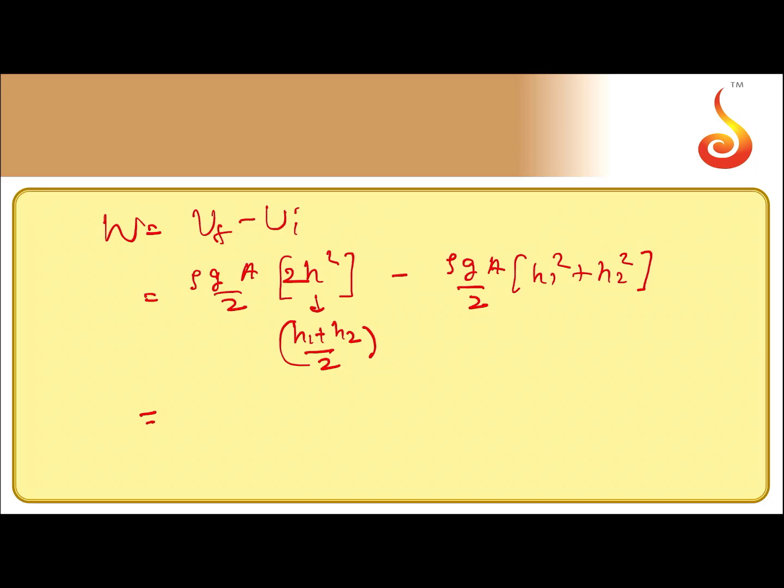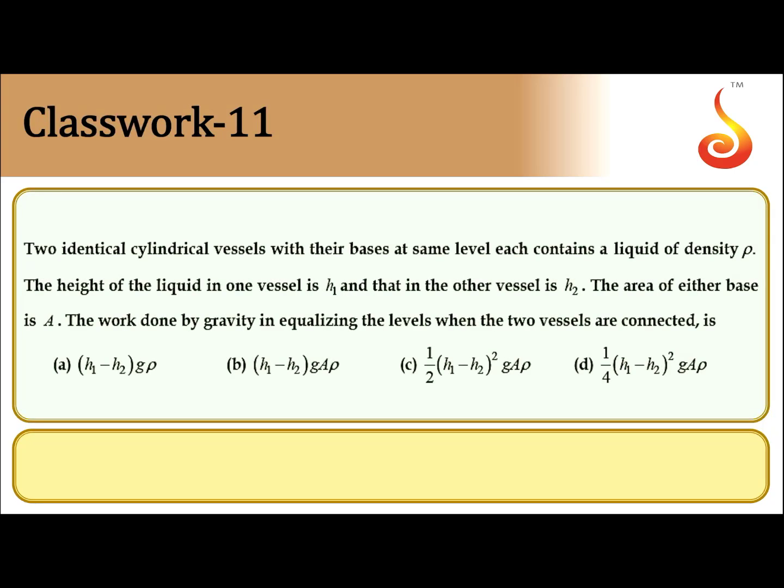So if you substitute and simplify, you get 1 by 4 h1 minus h2 whole square into rho into A into g. So you can check it for yourself whether the work done turns out to be this or not. So the work done is 1 by 4 h1 minus h2 whole square into rho into A into g. So D is our correct option.